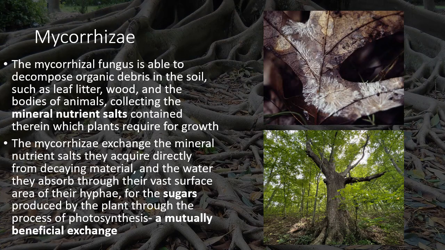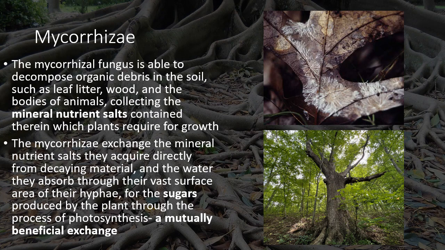This is where the relationship with plants comes in. The mycorrhizae actually form direct associations with the roots of the trees, and they do an exchange. The fungus really wants sugars, because sugars are food. There's no shortage of water and mineral nutrients in this forest floor, but there's not a ton of food for the fungus. So the tree will actually trade simple sugars produced through photosynthesis, glucose, in exchange for the mineral nutrient salts that the mycorrhizae acquired from the leaf litter, and also the water that the mycorrhizae are able to absorb.